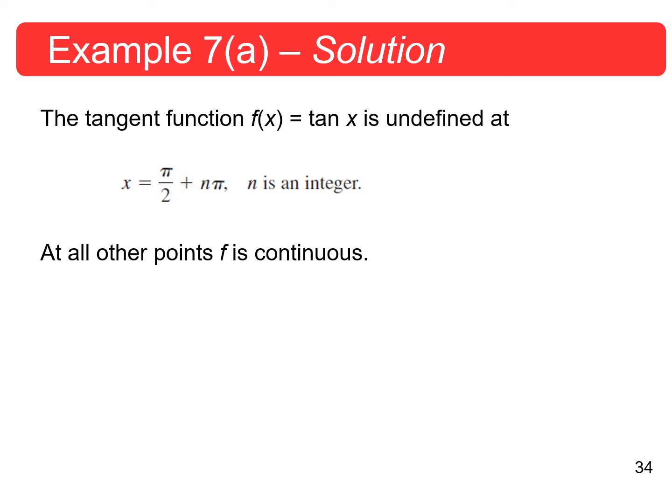And we know that cosine is 0 if x is an odd multiple of pi over 2. So that is when x is pi over 2 plus n pi, where n is an integer. And at all other points, f is continuous.